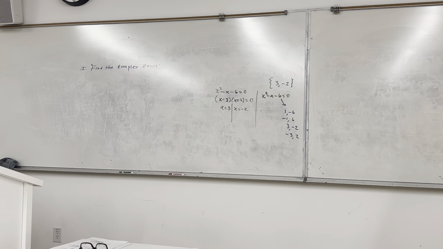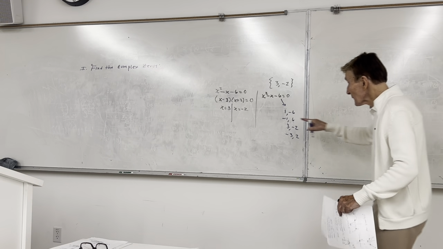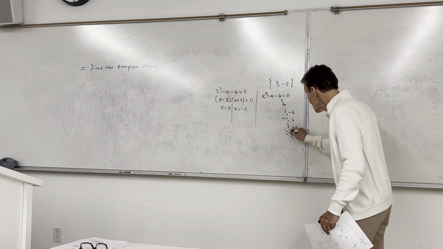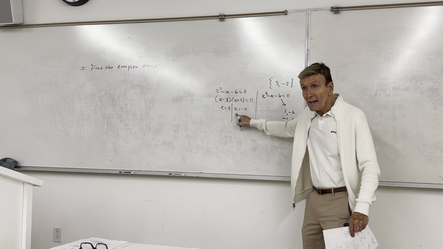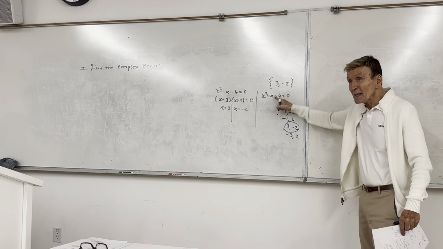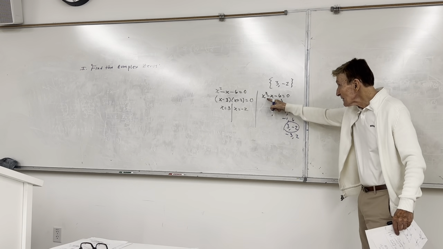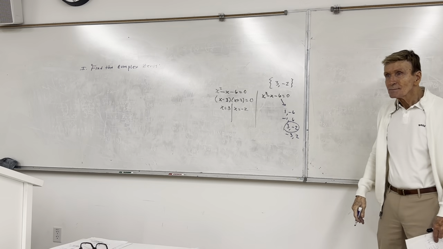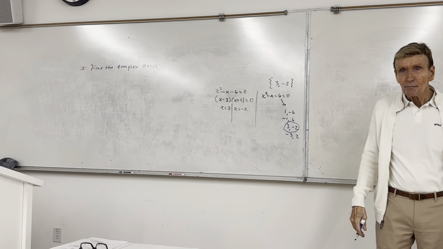He finally determined that 3 and -2, which the class had gotten by factoring, worked. He plugged in 3, it worked. He plugged in -2, it worked. And that's where those numbers came from.